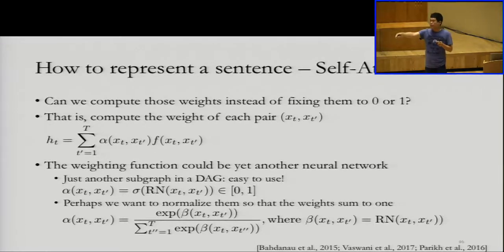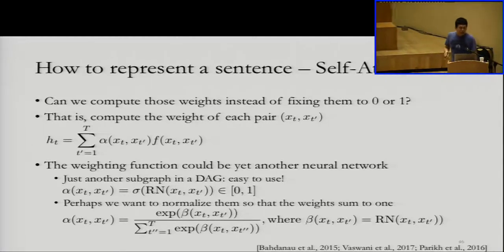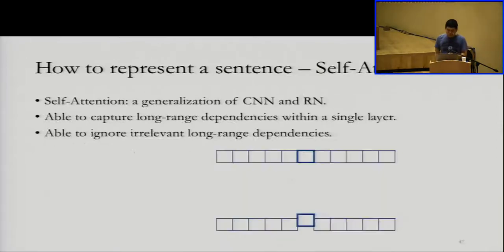Then we apply some kind of sigmoid or softmax function to get normalized weights. That's going to be our alpha of xt and xt prime. And those coefficients are going to be multiplied to the output of the usual relational network before being summed up.